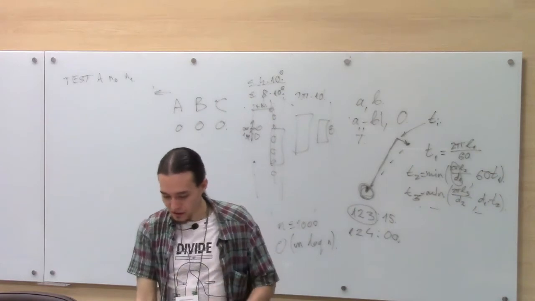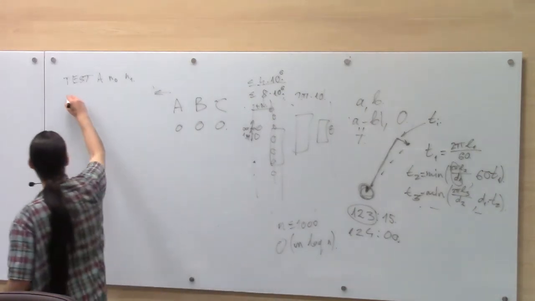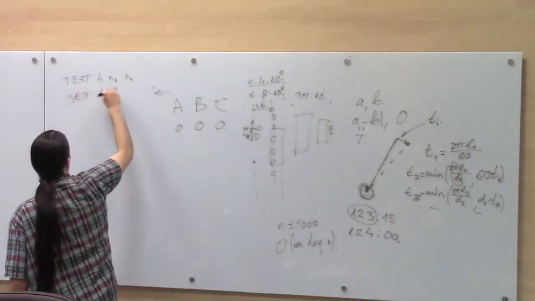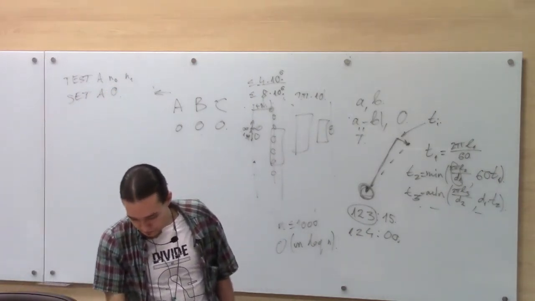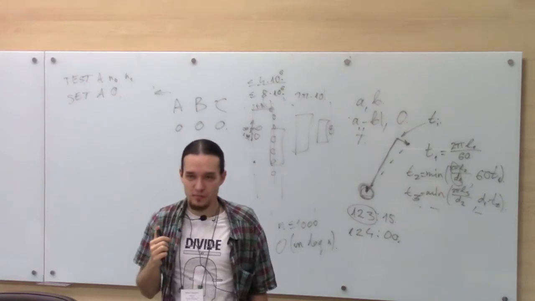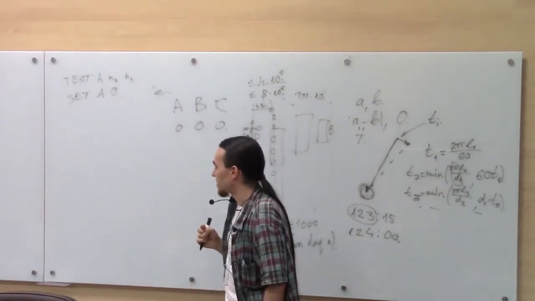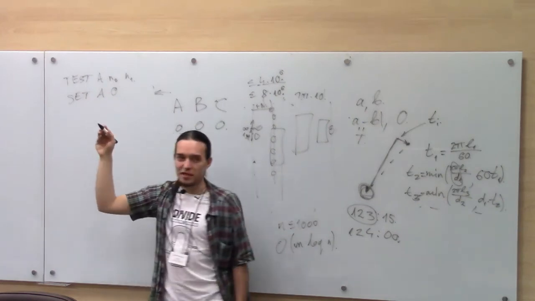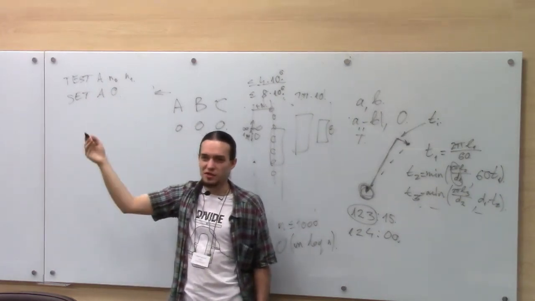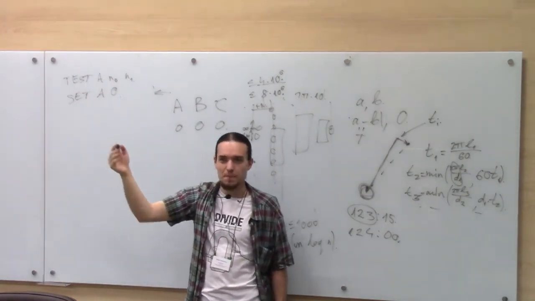Another instruction is set, which is basically to write 0 or 1 to a particular variable. With this you can implement loops and conditions and all sorts of stuff, right?